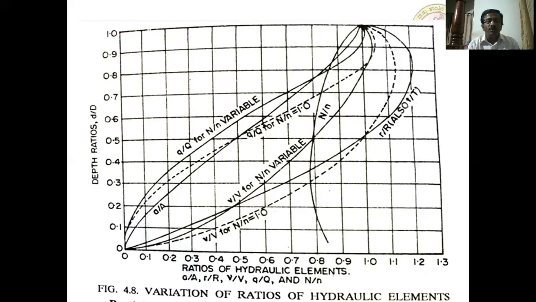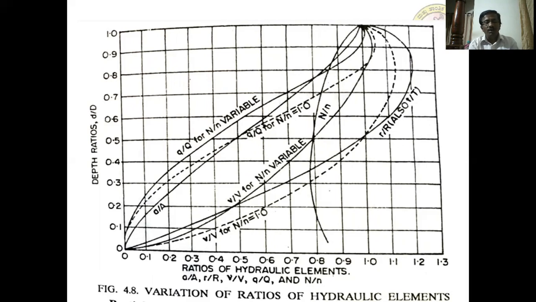Similarly, if you observe Q by Q, the second dotted line, once again the Q by Q value is more than 1 for 0.9, around 0.95. In between 0.9 and 1, the value of Q by Q is also more than 1, and in the remaining region it is less than 1 only. This is the speciality of the hydraulic elements.